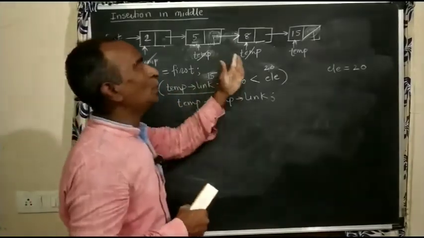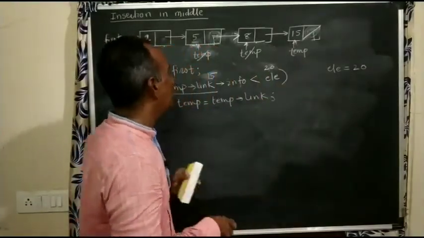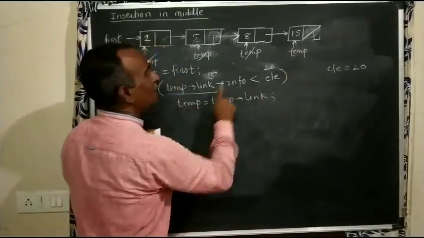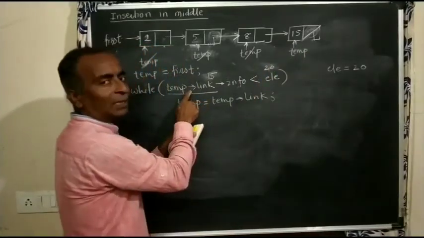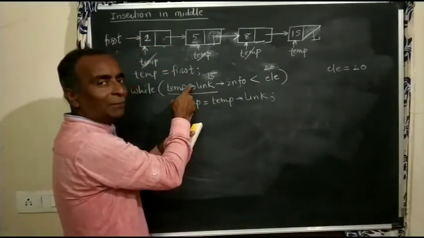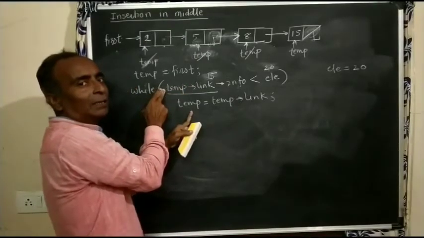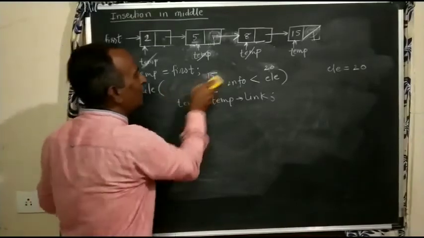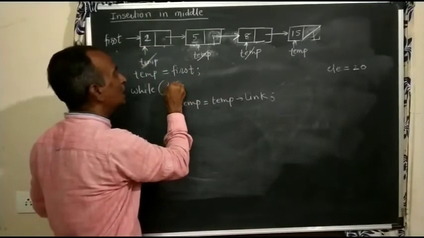When temp is not pointing to the last node. If temp is pointing to the last node, whenever temp is moved from here to here, temp's link is given to temp, and there is a problem in this condition. But before checking this condition, there should be another condition here to come out of this loop.